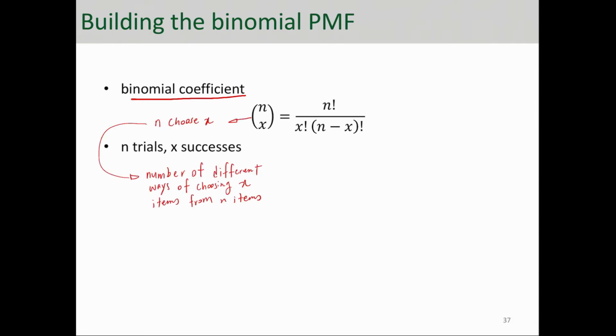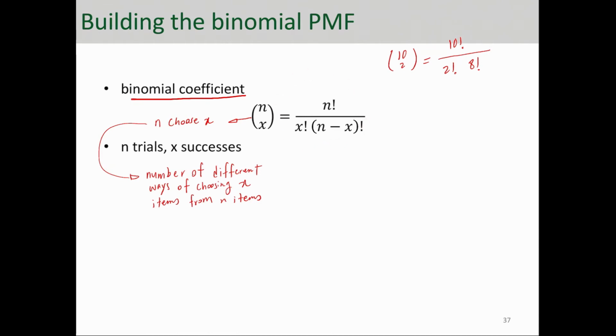For example, if you have a bowl full of different marbles, and you have 10 marbles in there, and you want to know how many different ways exist to select 2 marbles out of this 10, you basically calculate 10 choose 2. And how many different ways really exist is 10 factorial divided by 2 factorial times 8 factorial, right?